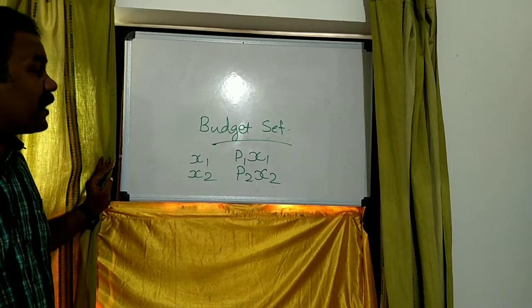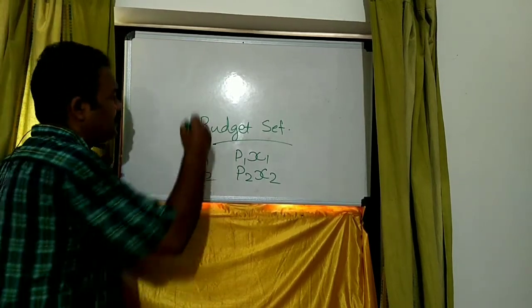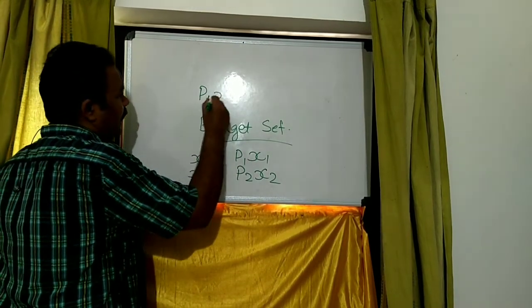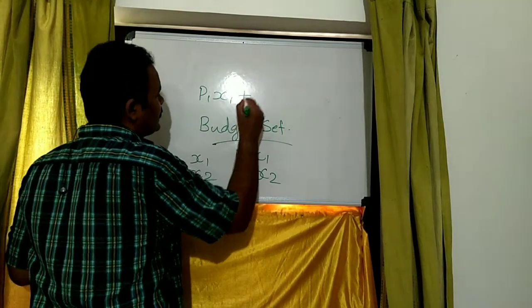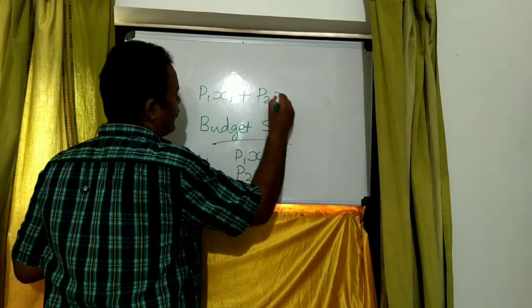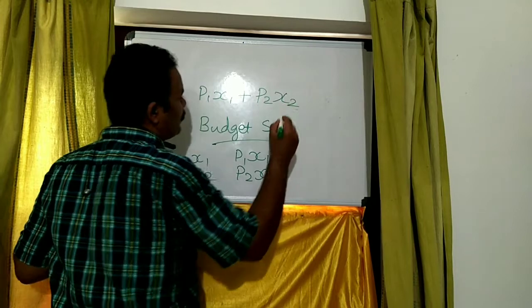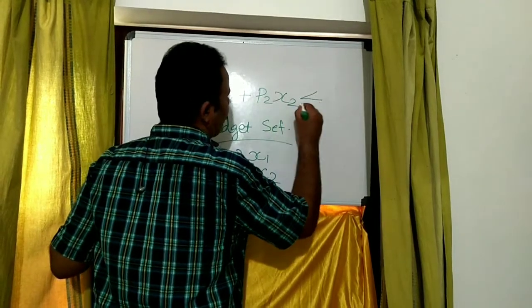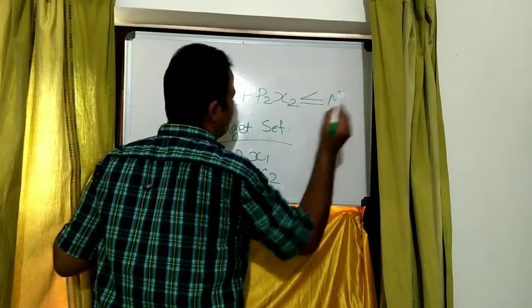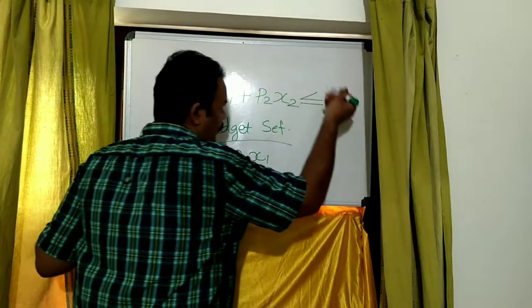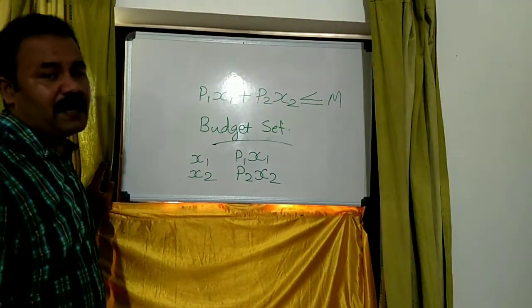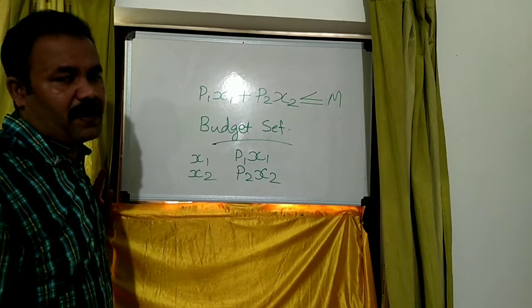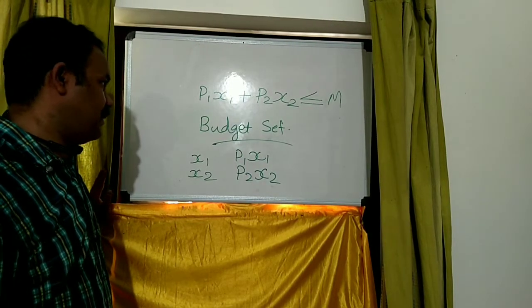Then the condition for budget set is P1 x1 plus P2 x2 should be less than or equal to M. Here M represents income of the consumer or budget of the consumer.